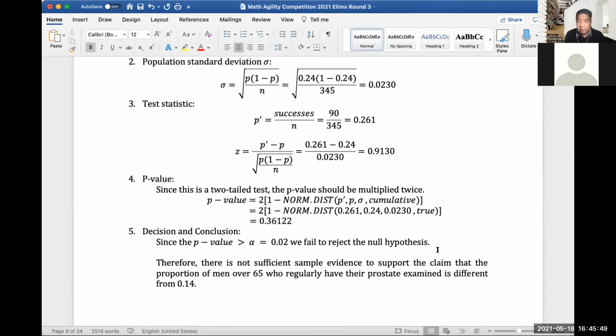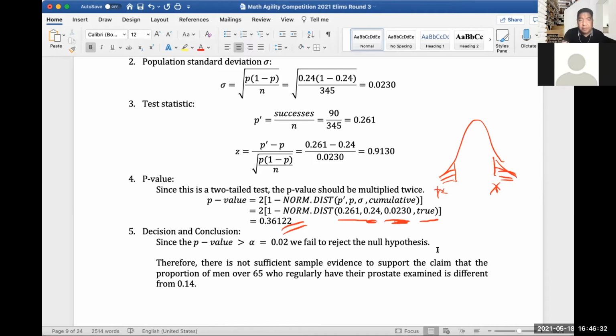Just input your p prime, which is 0.261 here, and your p, which is 0.24, and then 0.0230 is your sigma again, and you will input true, meaning you're taking the cumulative value, from here up to here, and multiplied by 2 because we have a two-tailed test, on both ends of the curve. So our p-value is 0.36122 here.